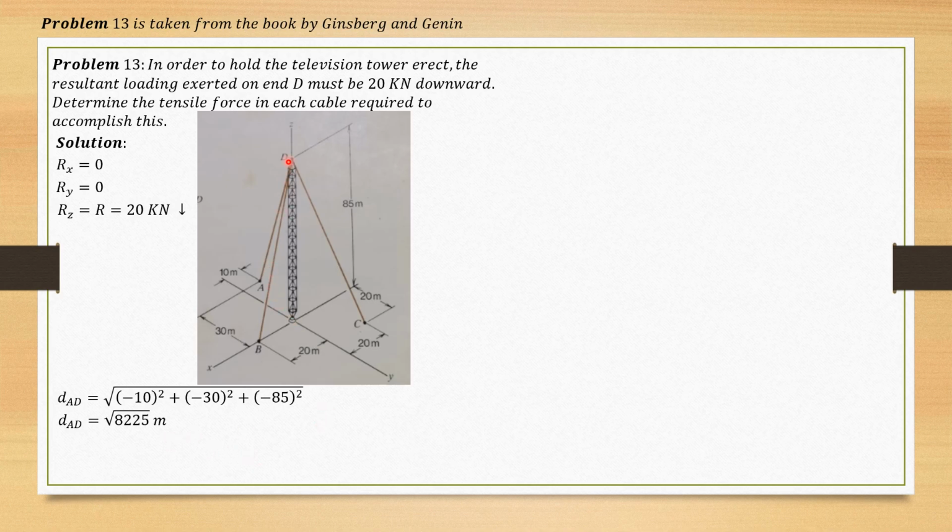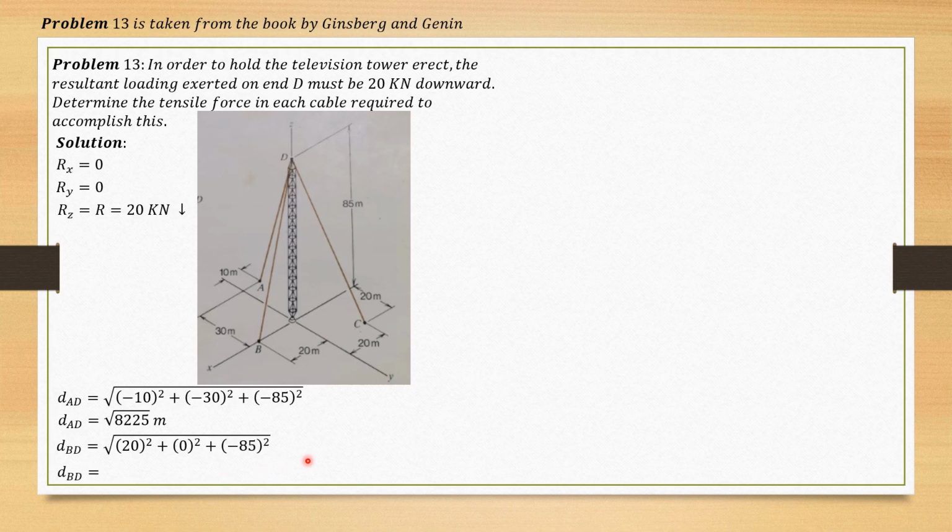Then distance BD, it is going down. Along X is positive 20, along Y is 0, so it is on the XZ plane, then along Z is negative 85. So the square root of 20 squared plus 0 squared plus negative 85 squared.